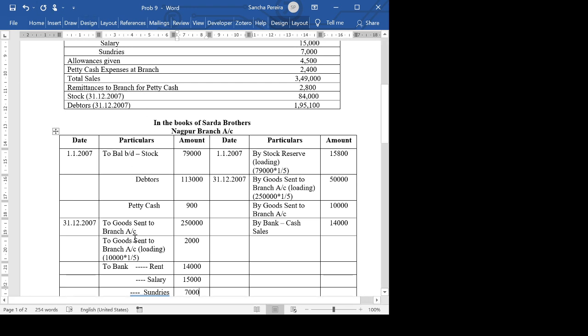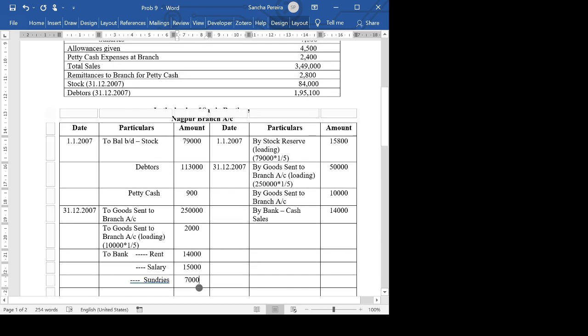Can you tell me which other item I would like to add to this list? Petty cash expenses 2,400, or remittances to branch for petty cash? Which one should I add here?